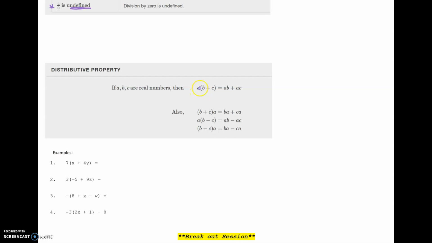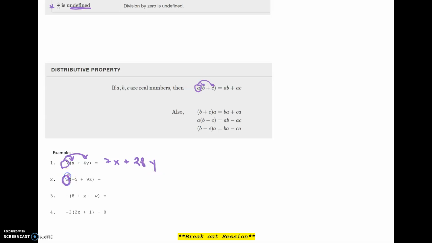Basically, whatever number is outside of the parentheses, you can multiply it to both terms inside of the parentheses. So for example, here I have 7 on the outside of the parentheses. I'm going to multiply it by both terms inside of the parentheses. So I'd end up with 7x plus 7 times 4, which is 28y.